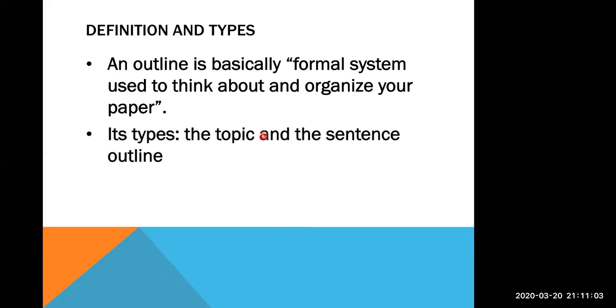There are two types of outlines, topic outline and the sentence outline. What's more significant about outlines is that outlines help you to make sure you cover the key points and guide your research. And the topic outline, on the one hand, is particularly useful when you are dealing with a number of different issues that could be arranged in a variety of ways in your paper. On the other hand, the sentence outline is done in full sentences.